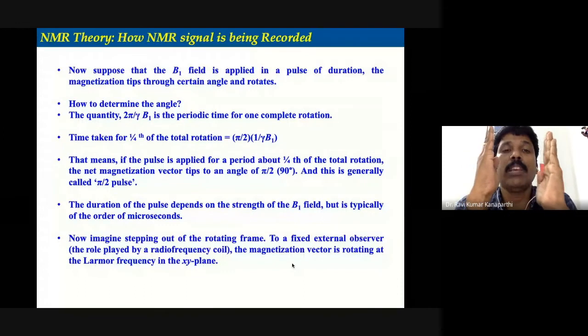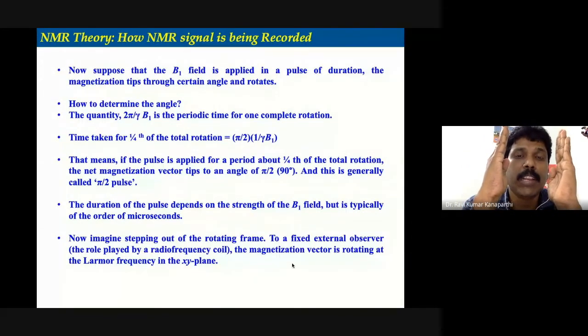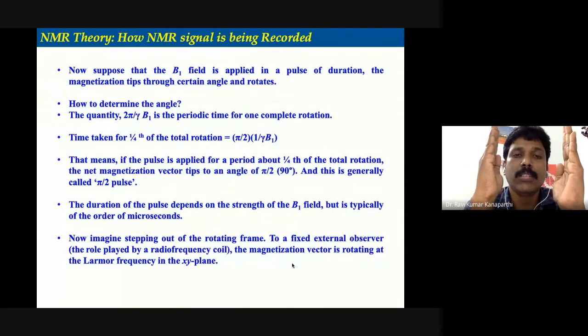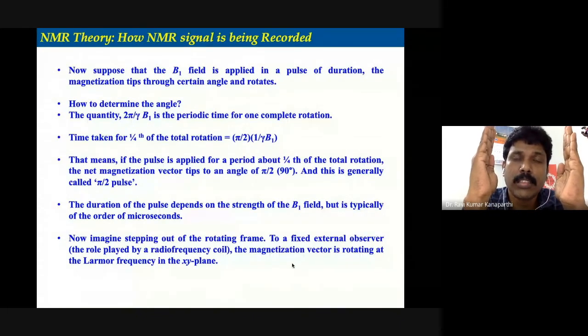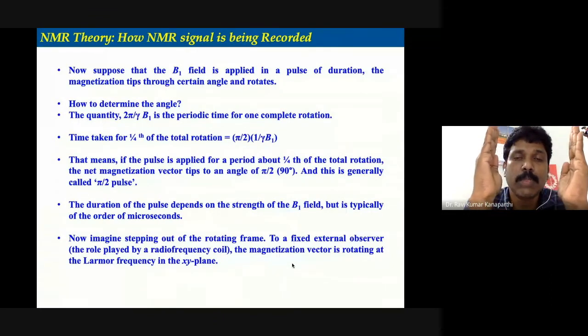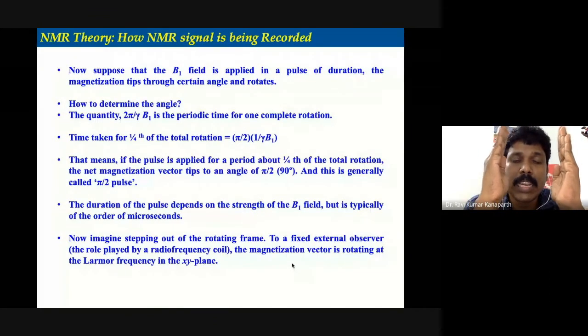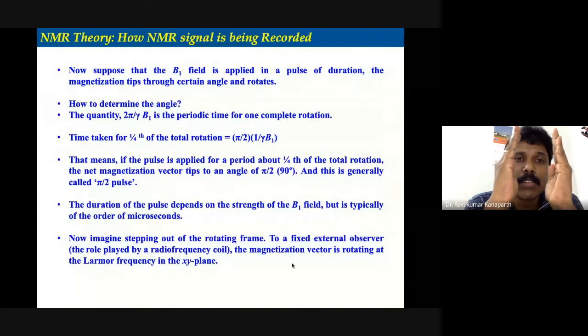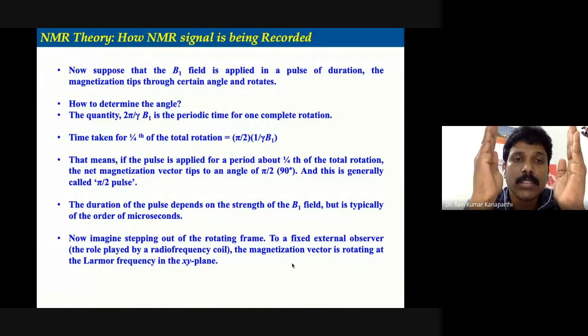That means it will be aligning with respect to the applied field direction. Since you have two magnetic fields pointing in the same direction, there will be a nice correlation between them. They interact, and that particular situation is referred to as the resonant condition.